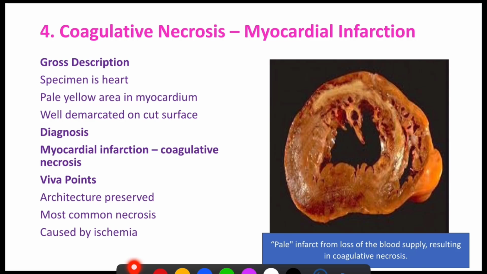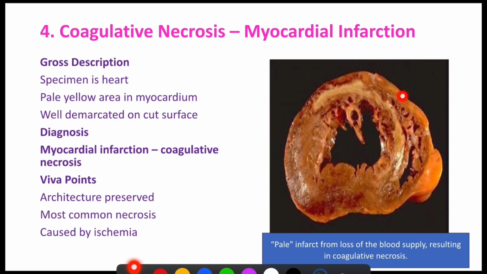Now, coagulative necrosis. The commonest organ asked in an exam for this type of necrosis is heart. So myocardial infarction is for coagulative necrosis. This is the specimen of heart.